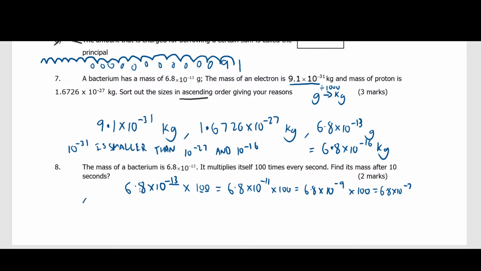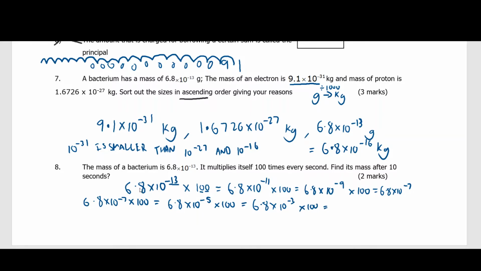And times by 100 again. This is going to be negative 6, negative 5. Times by 100 again, it's going to be negative 4, negative 3.